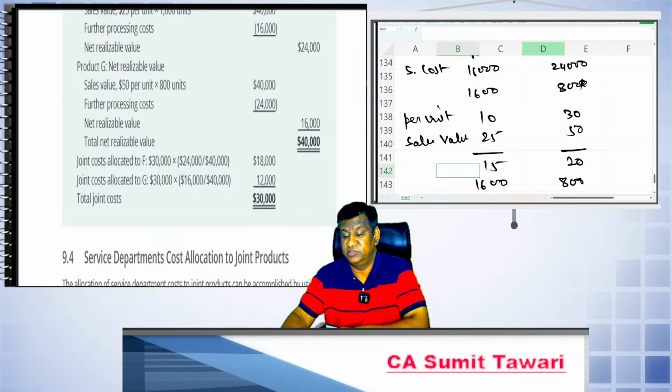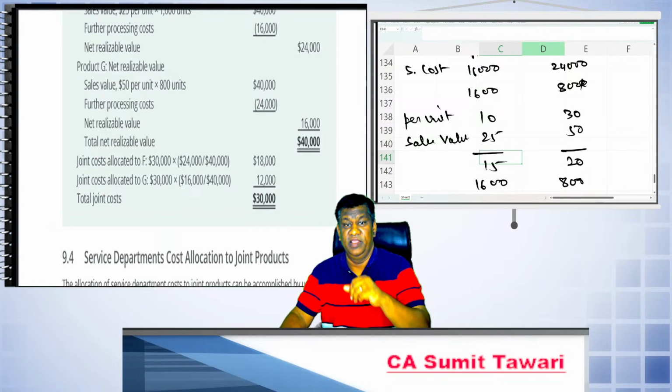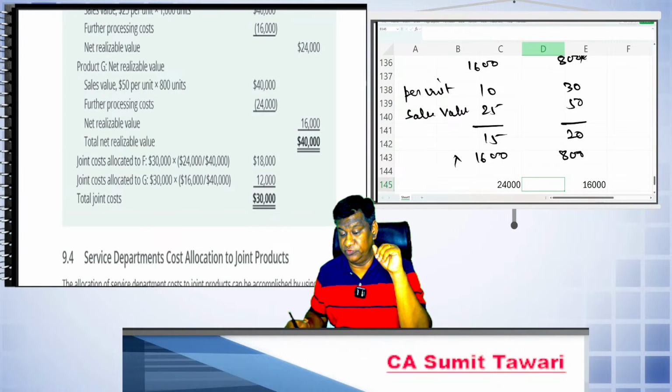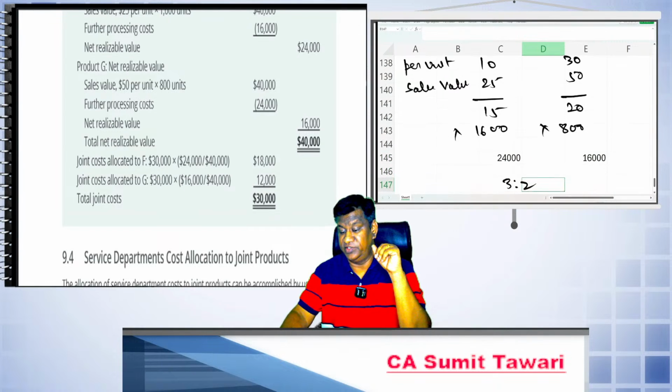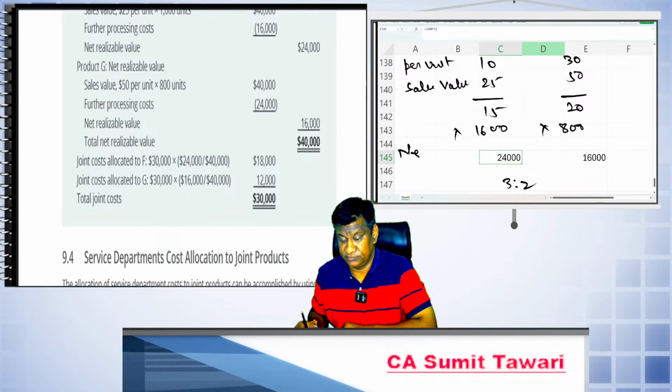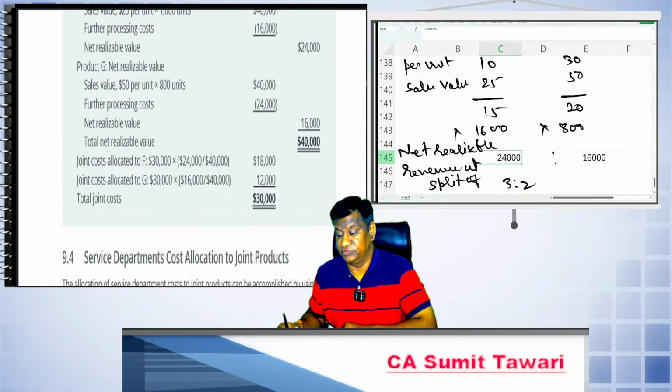So the net realizable value at split point is 15 for product F and 20 for product G, and then I multiply by the quantity produced, which gives me the net realizable revenue at split off, 24,000 and 16,000.